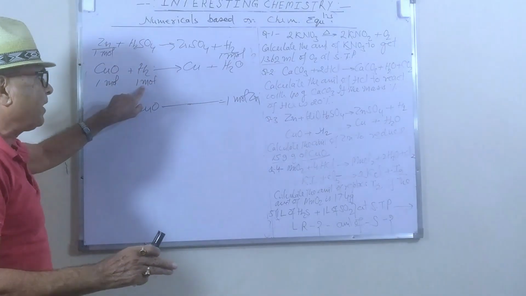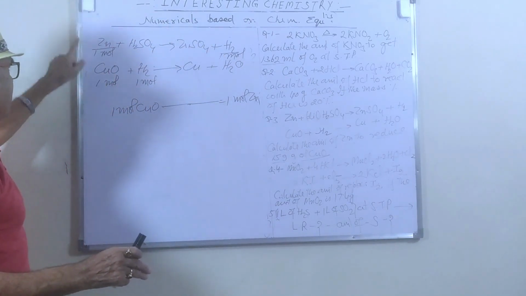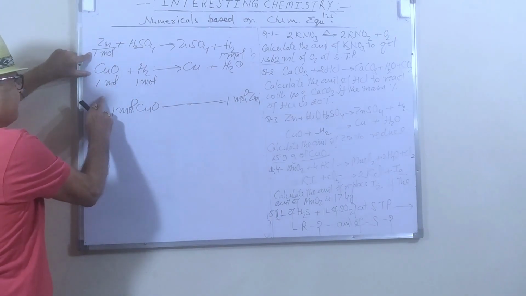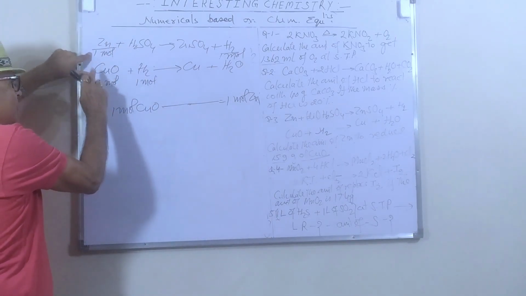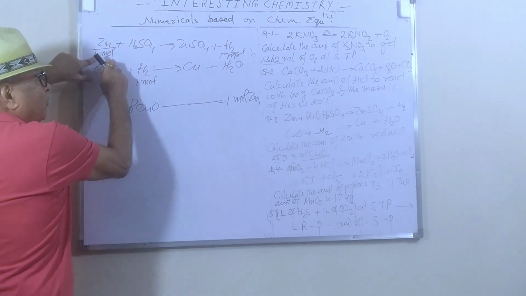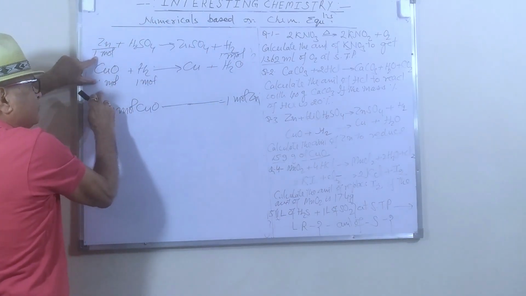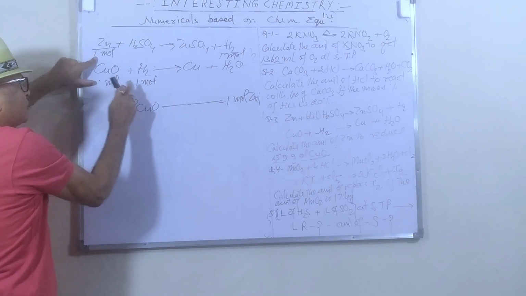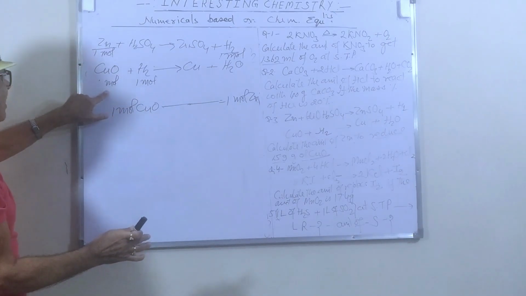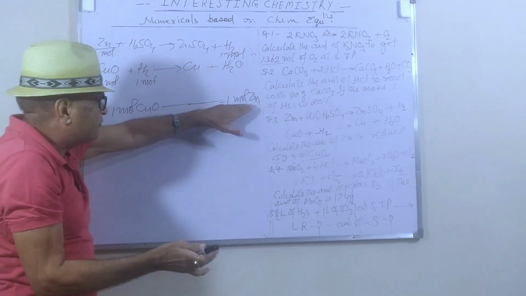This 1 mole of hydrogen can be produced by 1 mole of zinc, which produces an amount of hydrogen sufficient to reduce the CuO. So you can directly relate that 1 mole of CuO can be reduced by 1 mole of zinc.